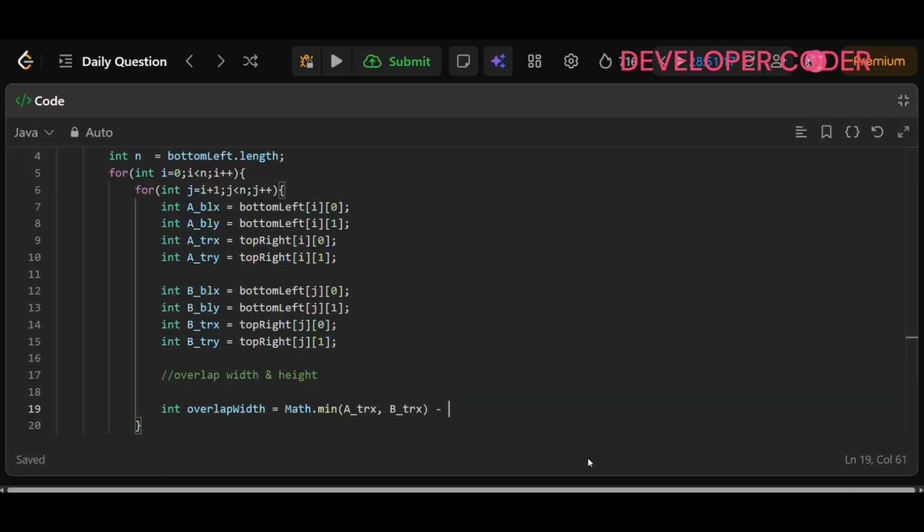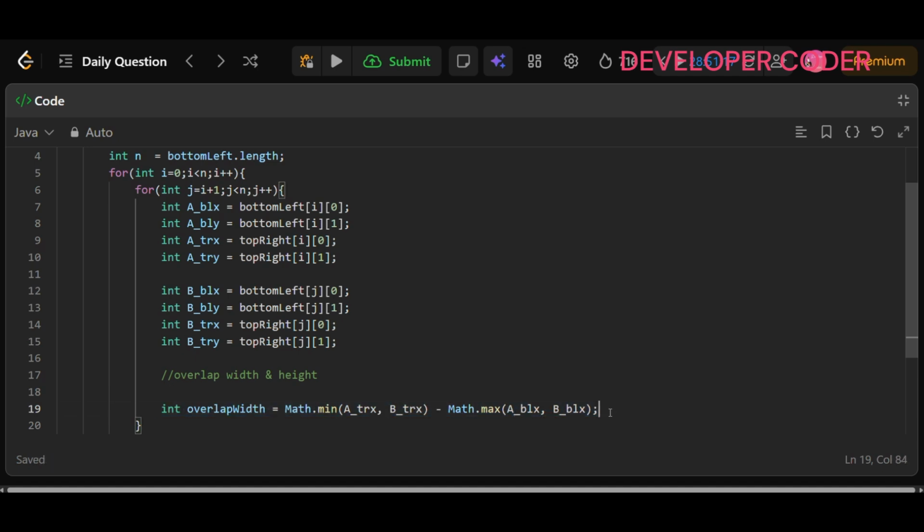So here I will write Math.max of a_blx and b_blx. Clear?